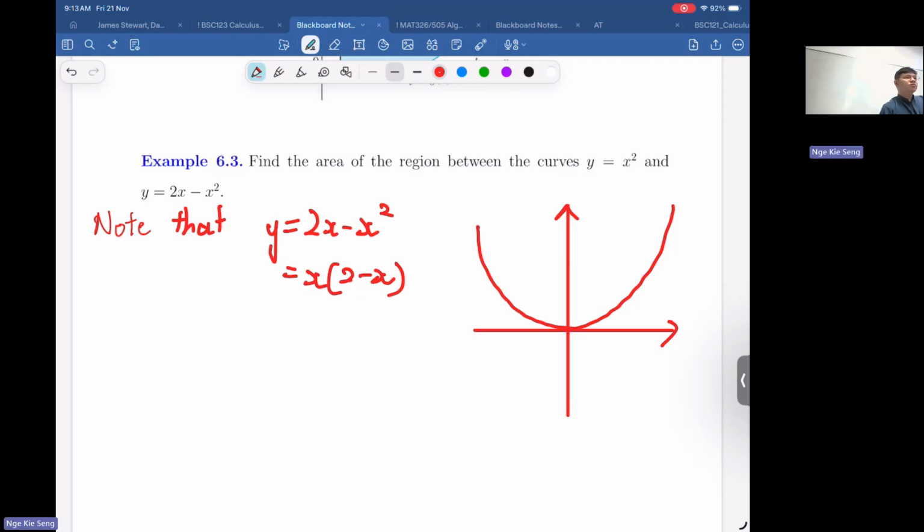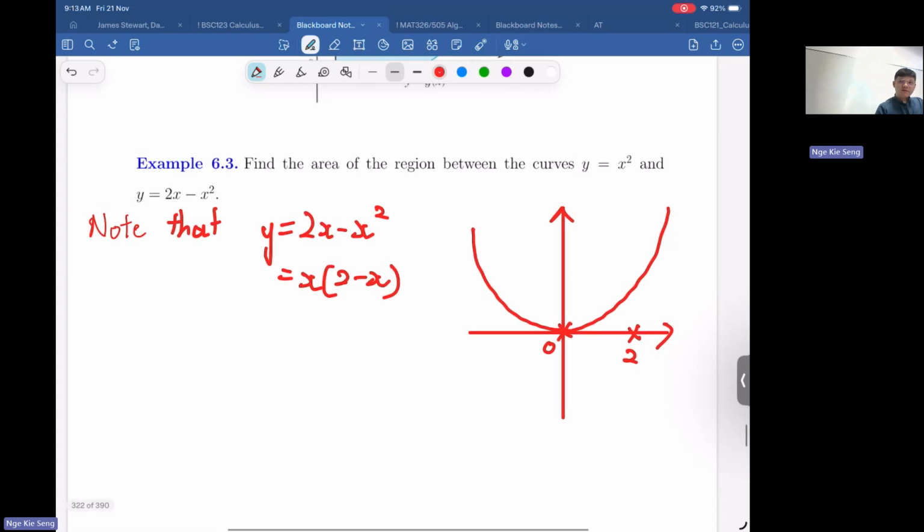So these are the two roots that this quadratic has. You are passing through 0, and you are passing through 2. And this is the negative of x squared, so it is a sad face.